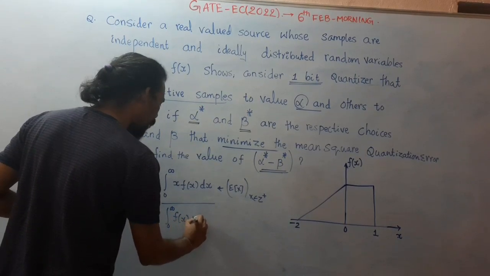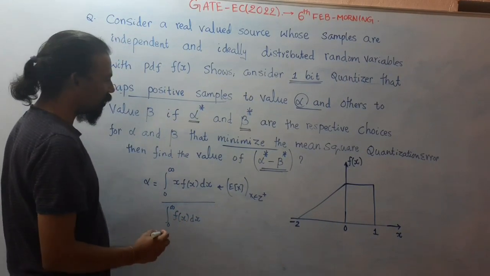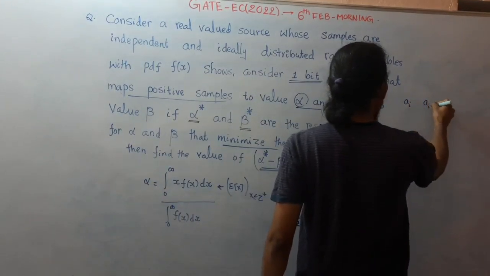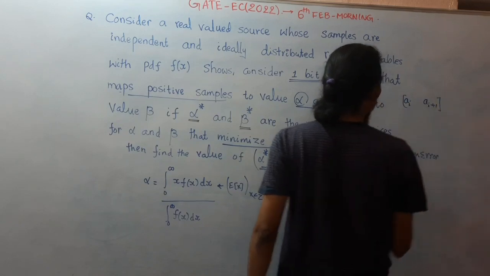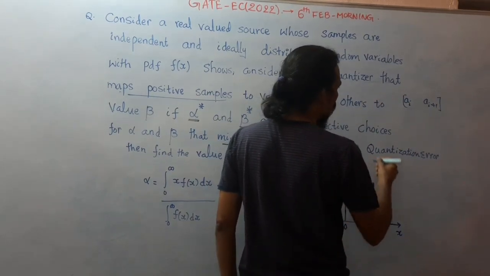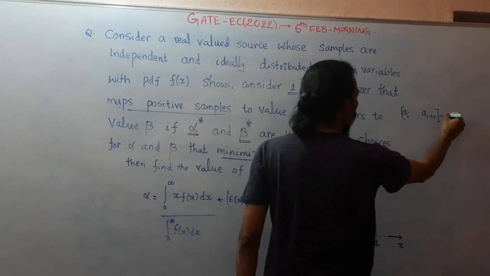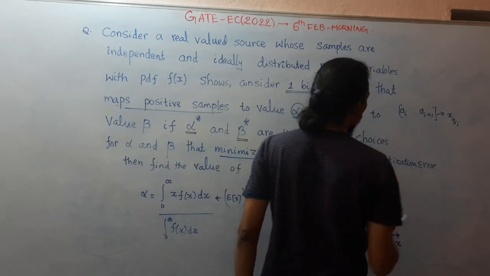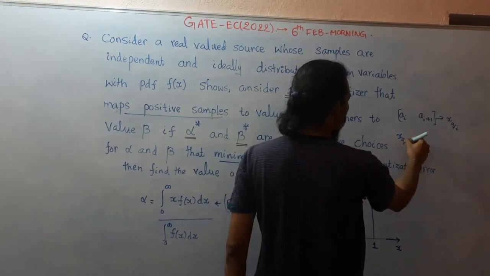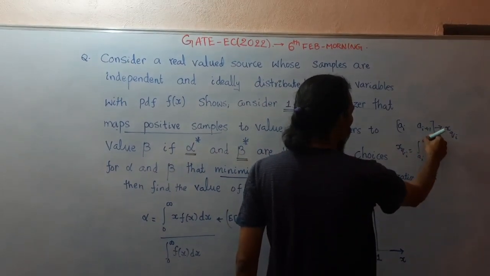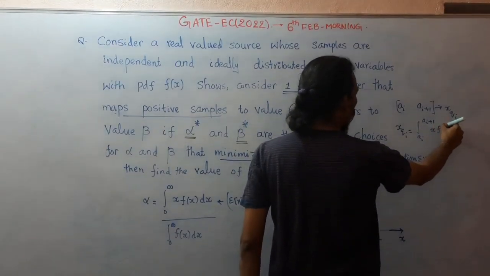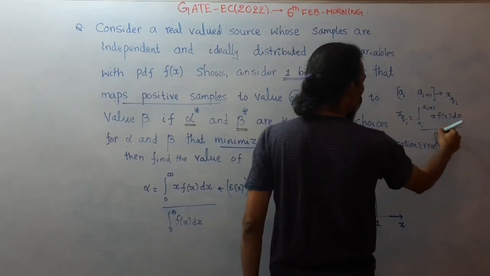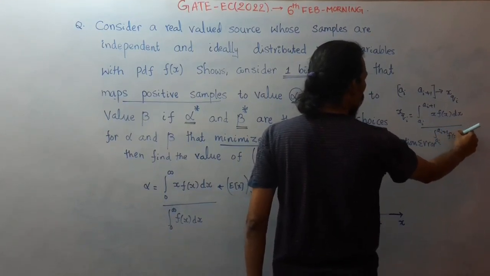Actually, there is a concept called the optimum quantizer. If a_i and a_(i+1) are the decision boundaries of a quantization region, and x-hat_i is the ith quantization level, then x-hat_i equals the integral from a_i to a_(i+1) of x into f of x dx, divided by the integral from a_i to a_(i+1) of f of x dx.